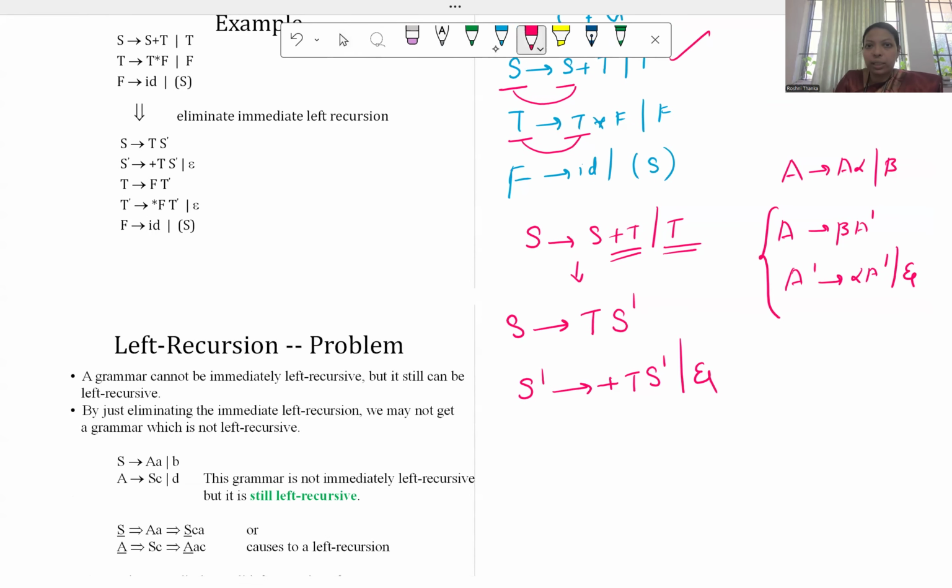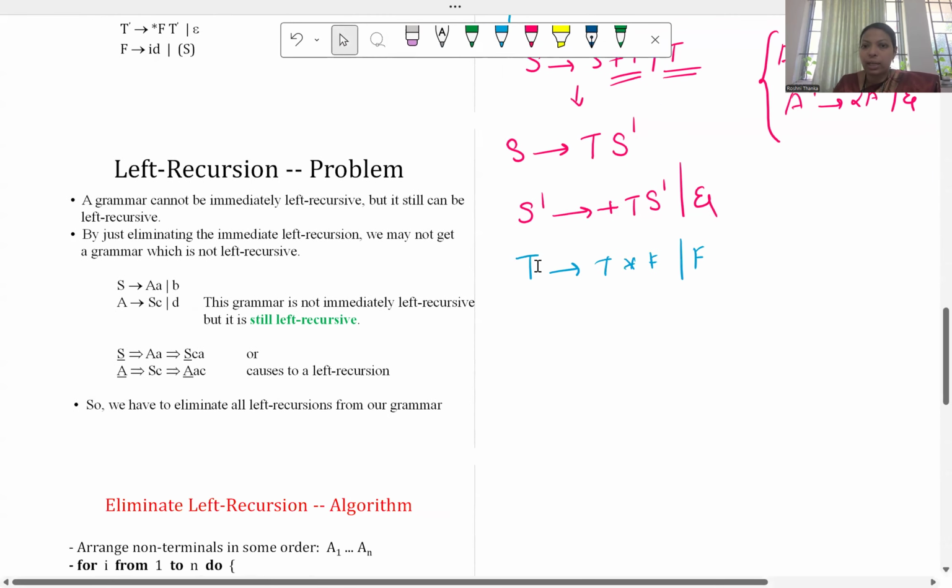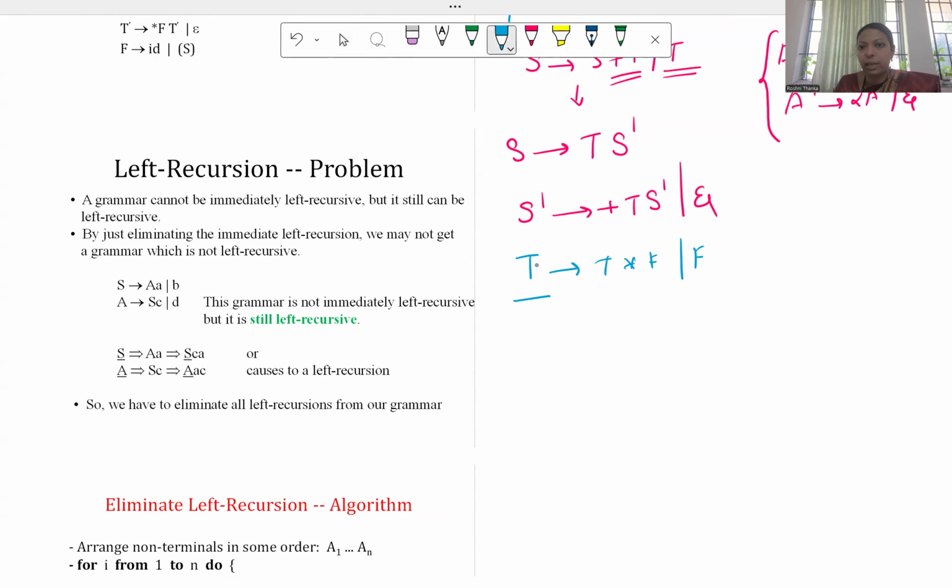Similarly, now let us take the second production. What is that? T tends to T into F. So here also we can understand there is a left recursion. So how to change it? You can pause this video for a minute and try it and then check it. So T tends to F, the other production not starting with T, and then introduce a new non-terminal.